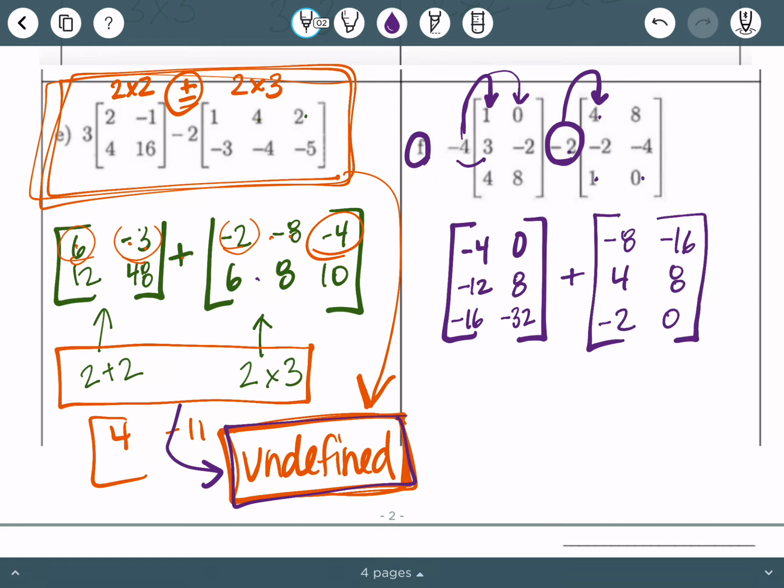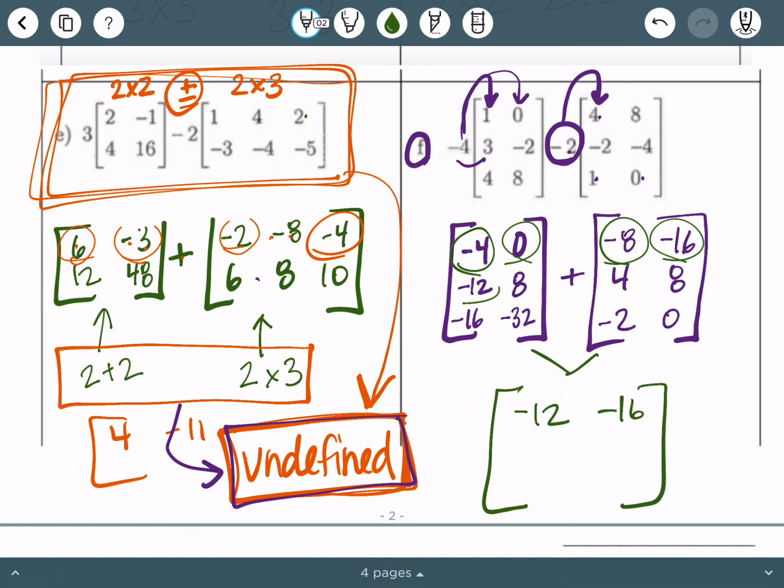And from there, I'm going to remember my addition skills here. So negative 4 and negative 8 make negative 12. 0 and negative 16 make negative 16. Negative 12 and 4 make negative 8. 16, negative 18, and negative 32.